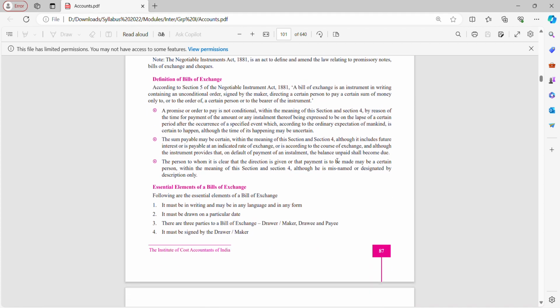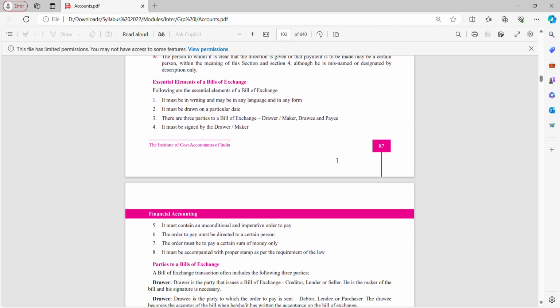Essential elements of bills of exchange, a very important answer. You can expect this question in your exam, for 2 marks, 4 marks, 6 marks. Following are the essential elements of bills of exchange. It must be in writing and may be in any language and in any form. It must be drawn on a particular date. There are three parties to a bill of exchange: drawer or maker, drawee, and payee. It must be signed by the drawer or the maker.